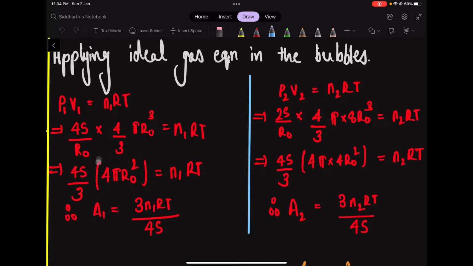So taking this common as A1 and taking 4S by 3 to the other side, we get A1 equal to 3N1RT by 4S. This is the surface area of the first bubble.